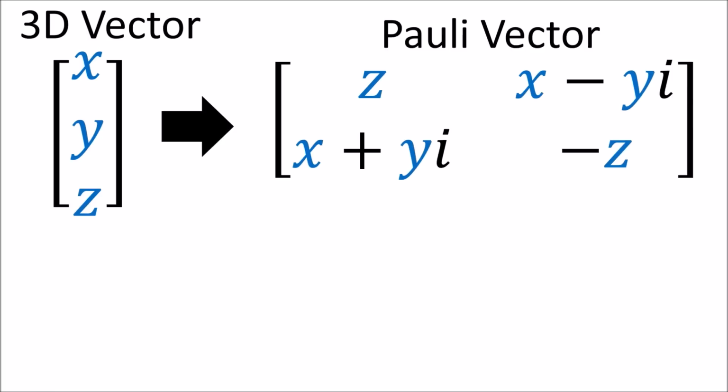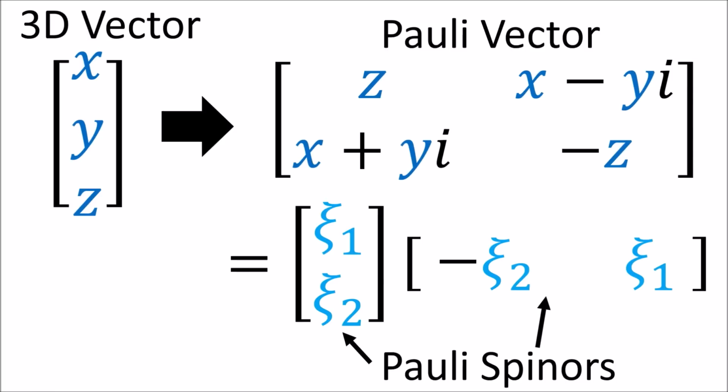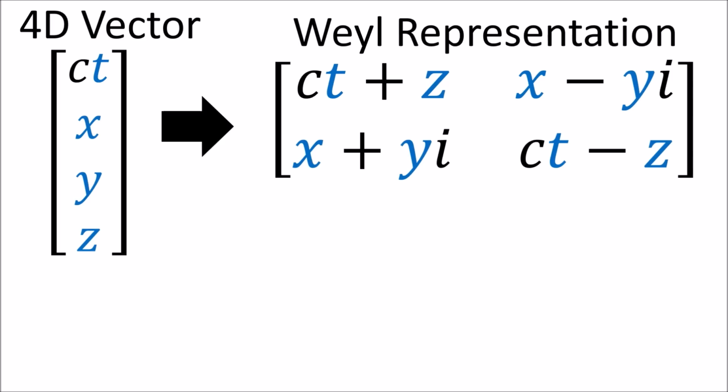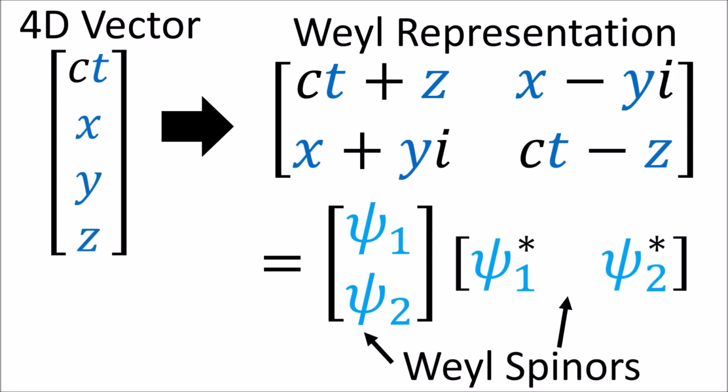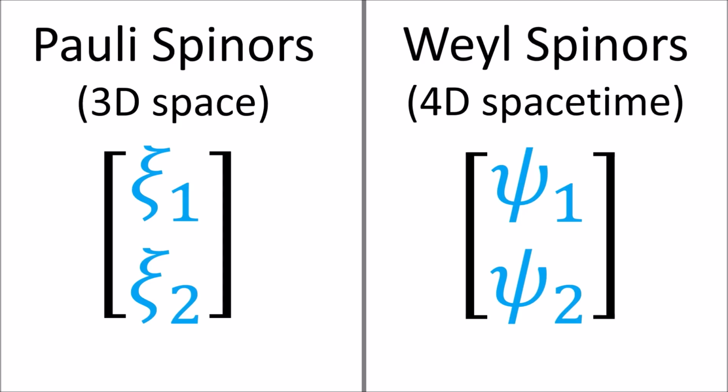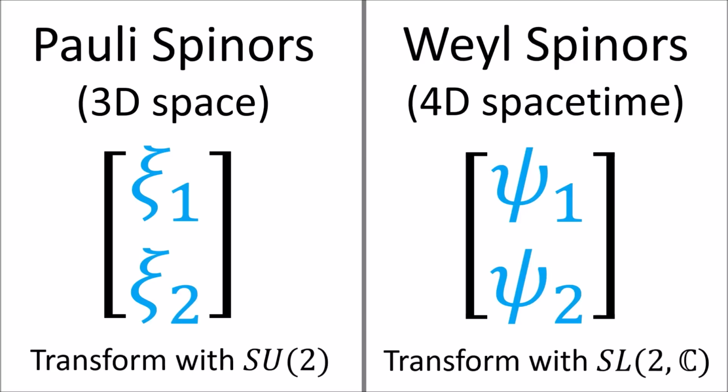While polyspinors are associated with rotations in 3D space, in special relativity, it's also possible to get spinors associated with four-dimensional spacetime, which are called Weyl spinors. This is a bit confusing, as polyspinors and Weyl spinors are different kinds of objects, but they both look like two-component columns. We'll clear up the difference between them in future videos.